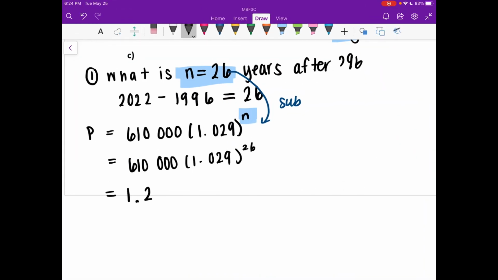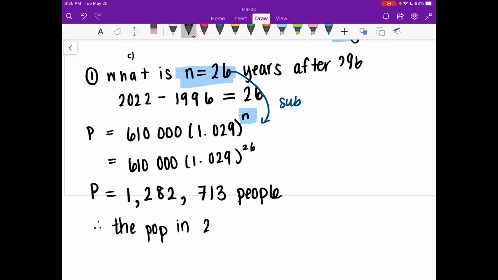I like to put commas in between numbers when they're this big. It's just good form. So therefore, the population in 2022 will be 1,282,713 people.